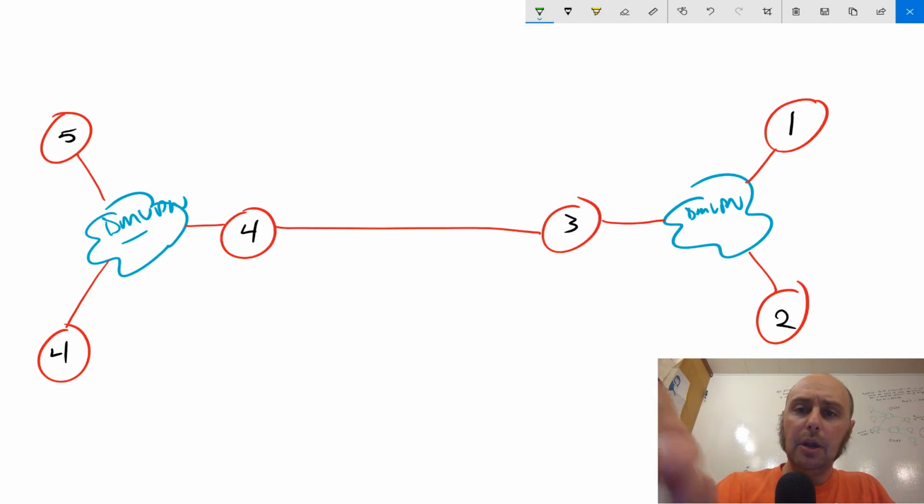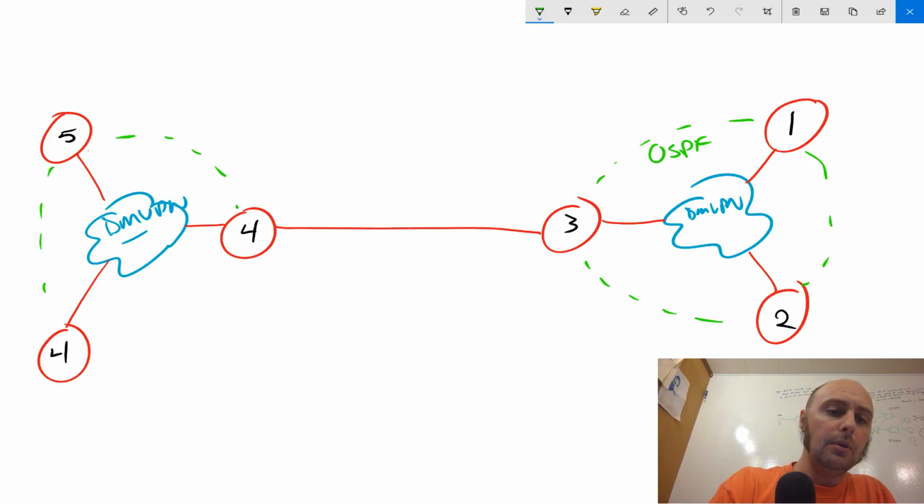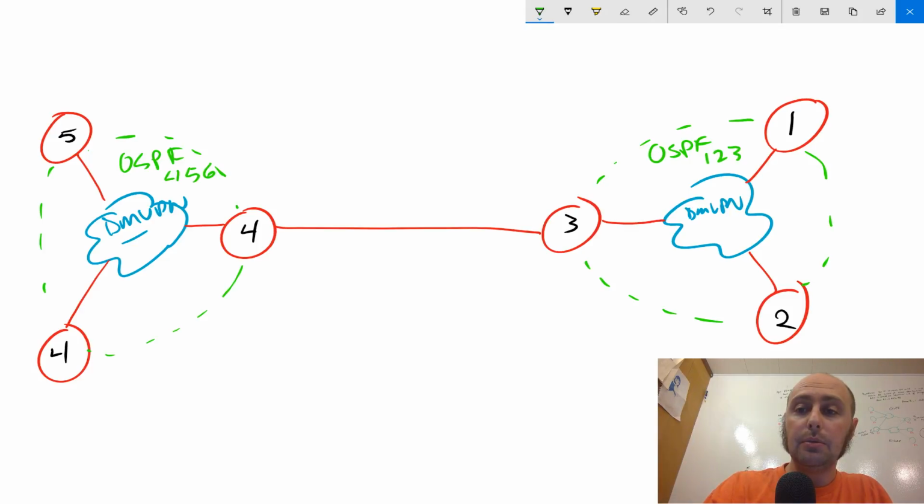I also introduced some routing protocols here. So I did these guys as OSPF, and this is going to be OSPF. This is really a fun lab, guys. It just didn't work. OSPF, and this was area 4, 5, 6. This was area 1, 2, 3, because of routers 1, 2, and 3 and routers 4, 5, and 6. This was going to be OSPF area 0.